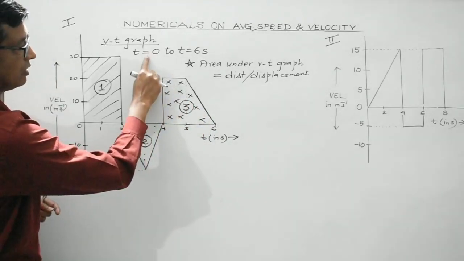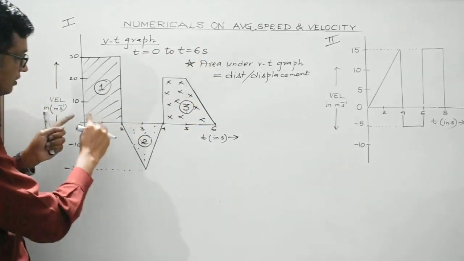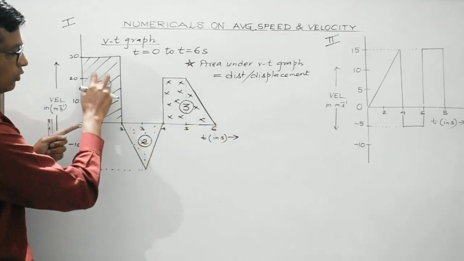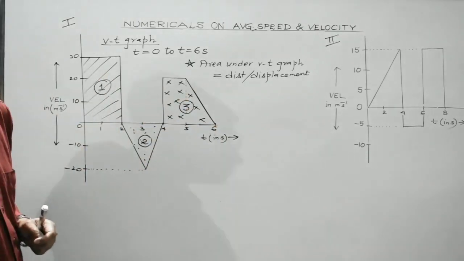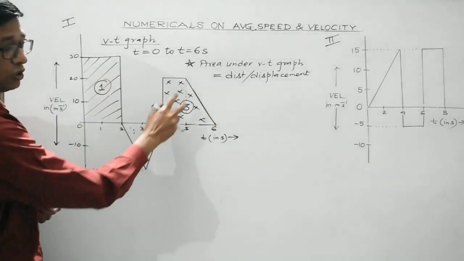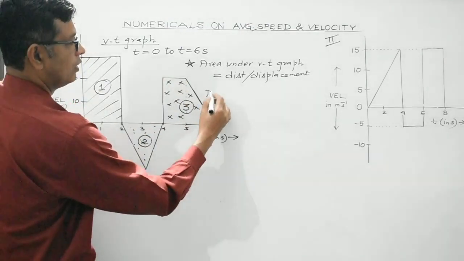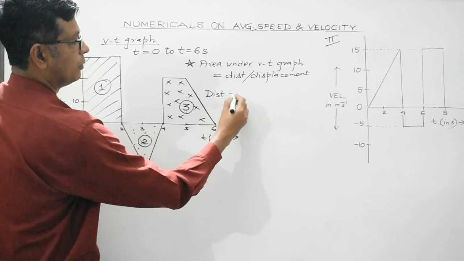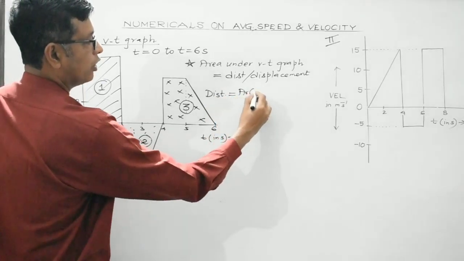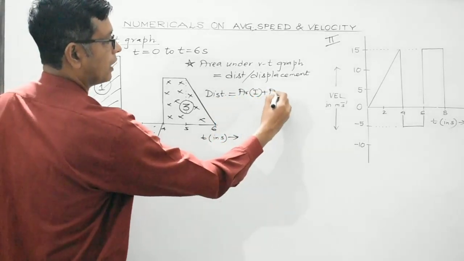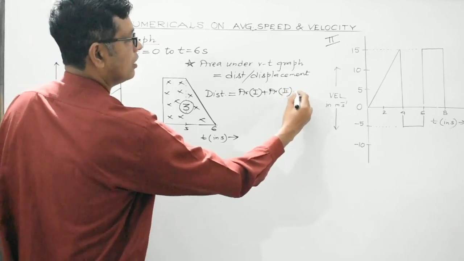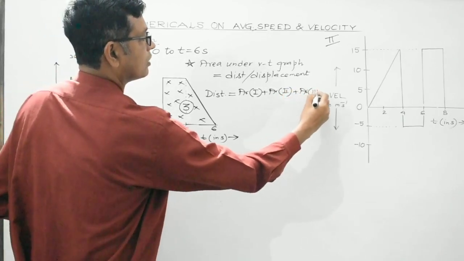Since the time interval is from 0 to 6 seconds, we need to calculate the area of all the three. So let's find out the distance. Distance covered would be equal to area of first portion plus area of second portion plus area of third portion.